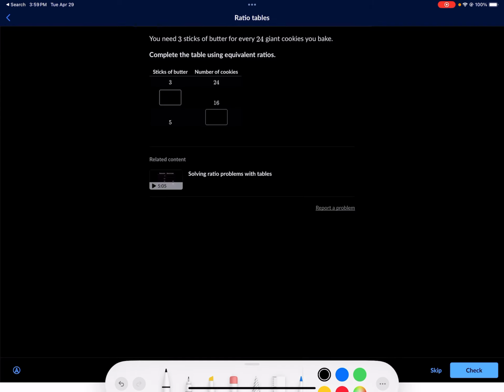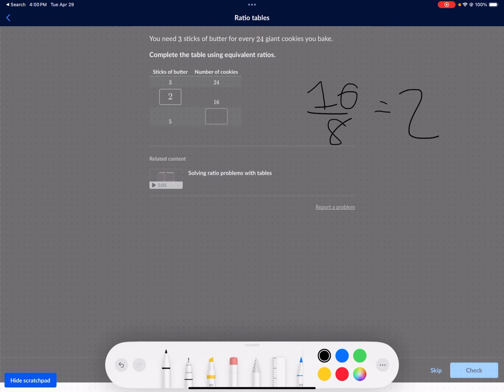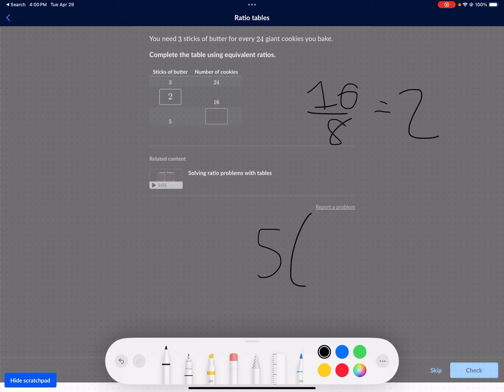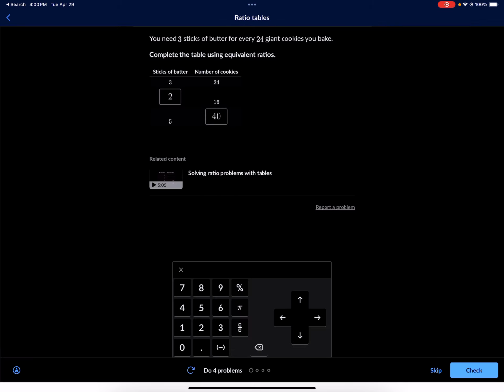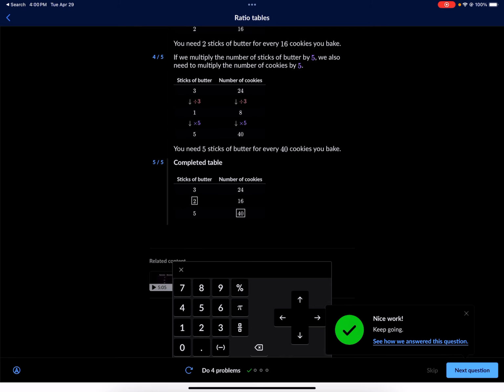So that means that we're going to have 2 here. And then we need 5 times 8, which is equal to 40. That was a previous problem we answered, so I guess it's okay.